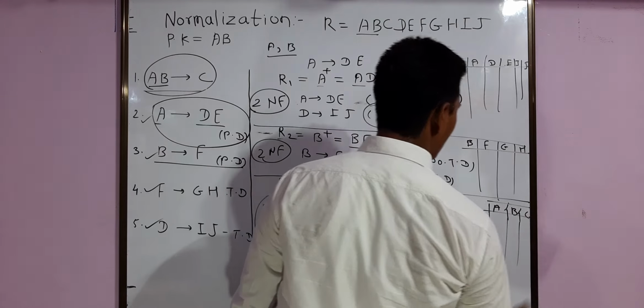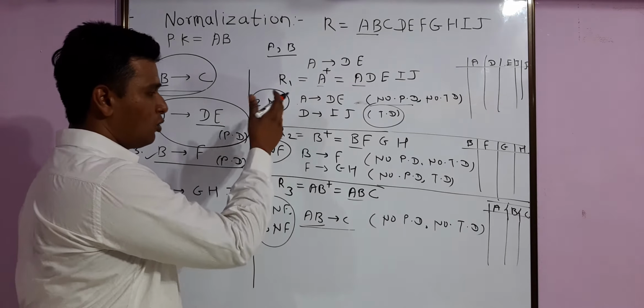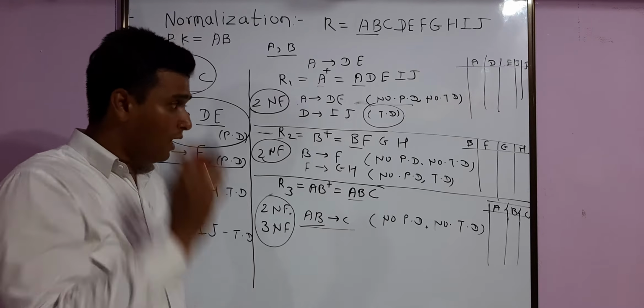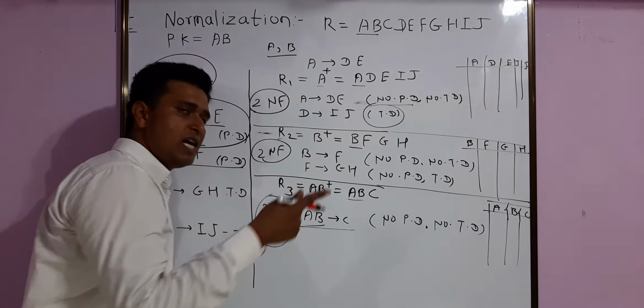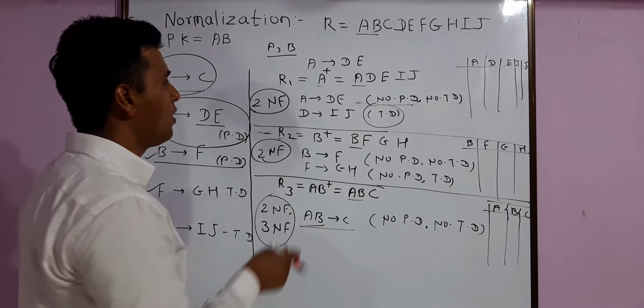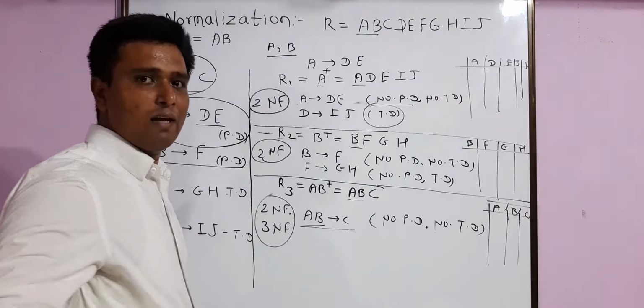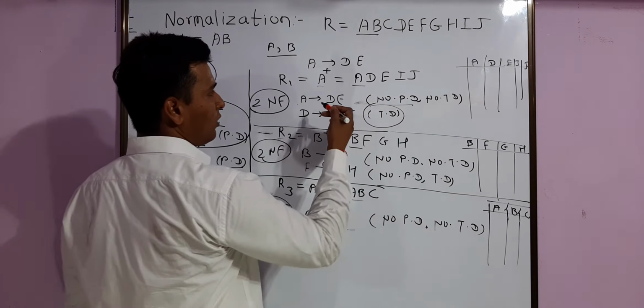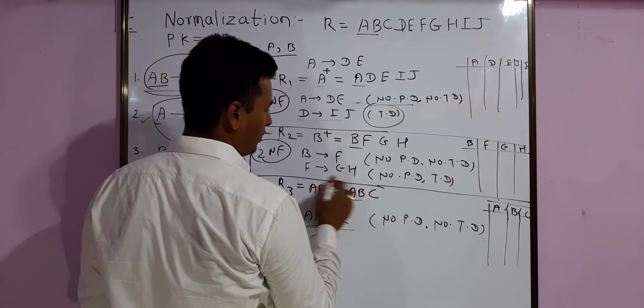So we have converted into normalized tables R1, R2 and R3. Now we have decomposed those R1, R2, R3. Okay, now we can convert R1 and R2 into 3NF. We will see in the next video how to convert the relation into 3NF. When we have to convert into 3NF, then we should be removing transitive dependency.